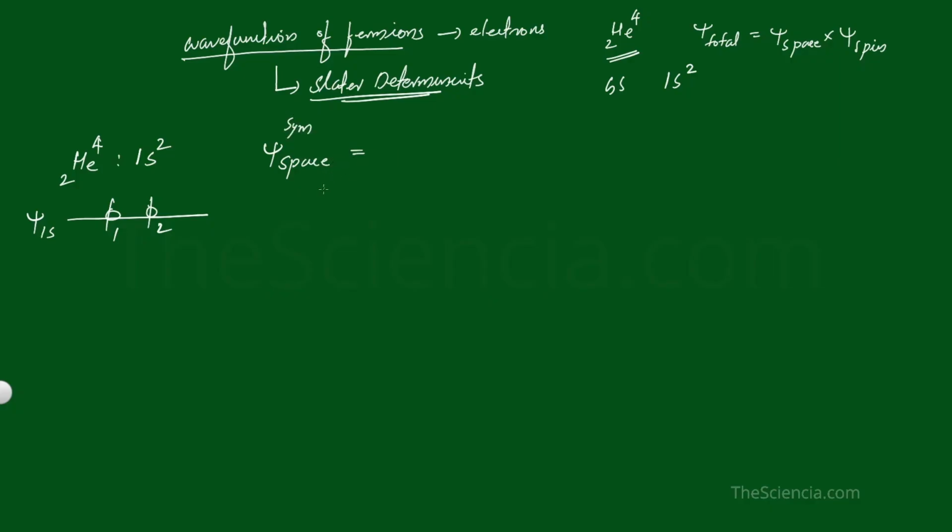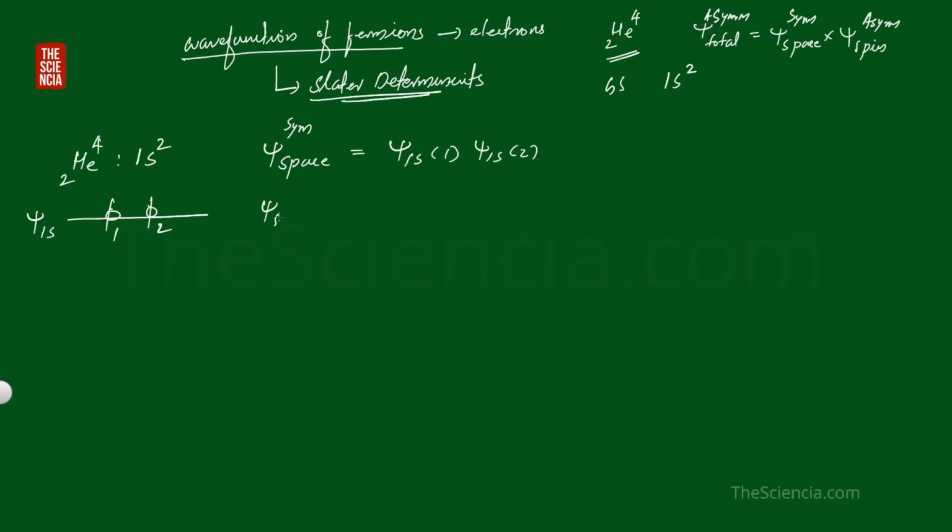So the symmetric wave function for this particle is psi 1s 1, psi 1s 2. That is, both electrons are occupying the same state, psi 1s, right? So we know the total wave function should be asymmetric for fermions. So if the space part is symmetric, then the spin part should be asymmetric.